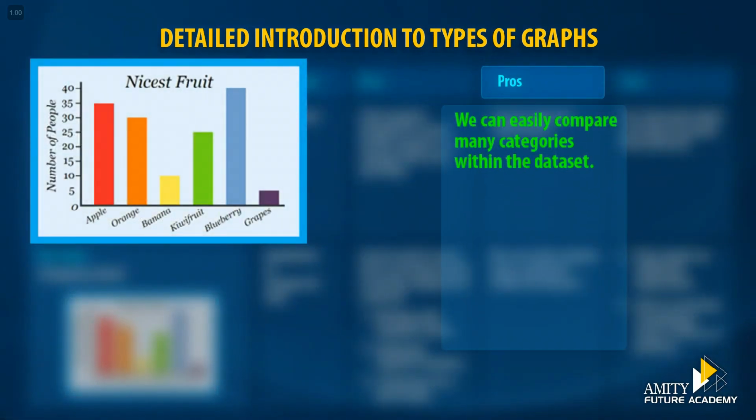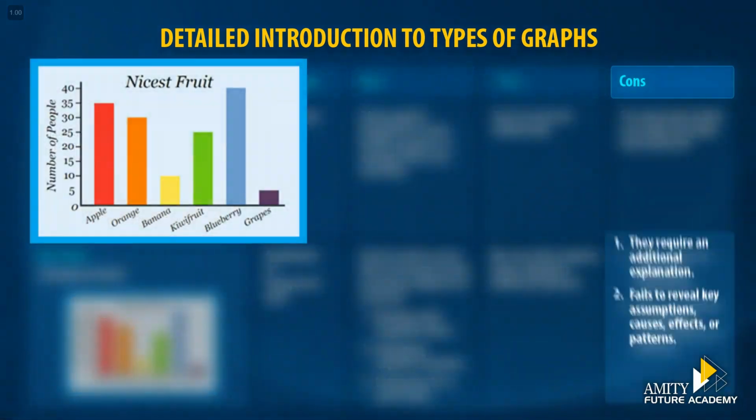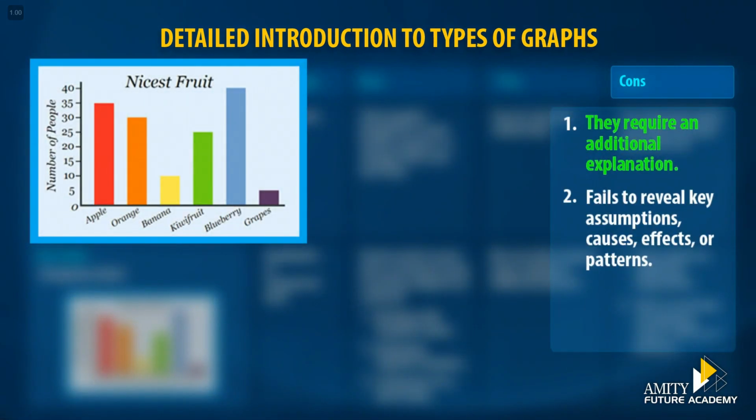Pros, we can easily compare many categories within the data set. We have already discussed that. Cons, they require additional explanation. If I hadn't said anything about the range or how many people were asked for their preference, it would have been difficult to understand just by looking at the numbers.